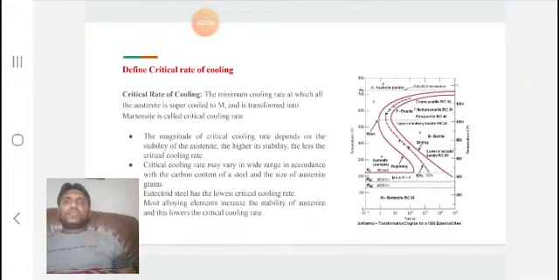Critical rate of cooling is the minimum cooling rate at which all the austenite is supercooled to martensite.